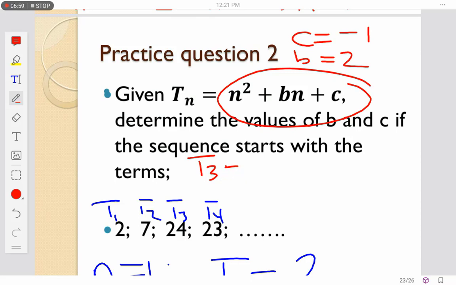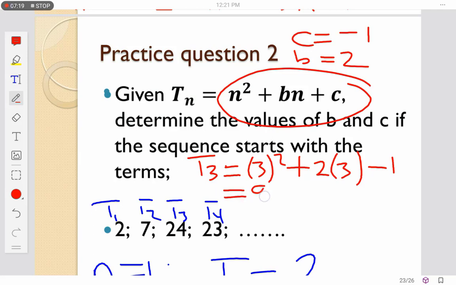T3 is equal to 3 squared plus 2 times 3 plus, I can simply say, minus 1 there.